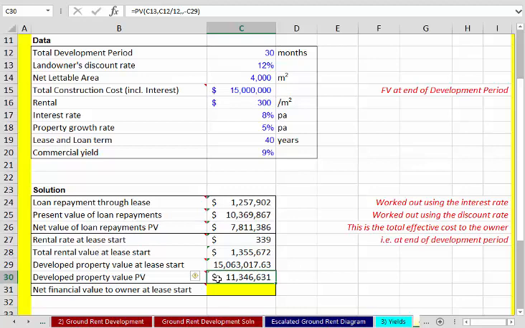Okay, now we can work out the net financial value, in other words, what the land is worth out of all that. What we have is the value of the property in its present value form. From that, we can subtract the value of the loan in present value terms to the landowner, and that gives us a land value of $3.5 million.